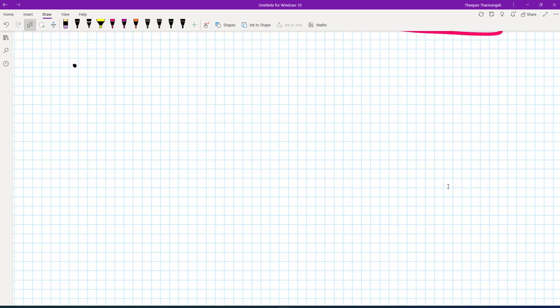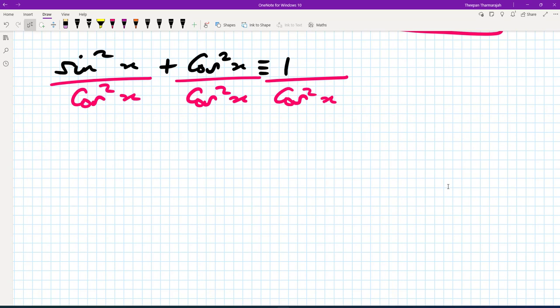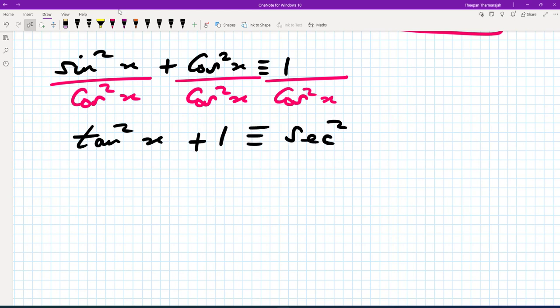So now we're going to use sine squared x plus cos squared x is identical to 1. This time divide by cos squared x throughout. And now we're going to get tan squared x plus 1 is equal to sec squared x.